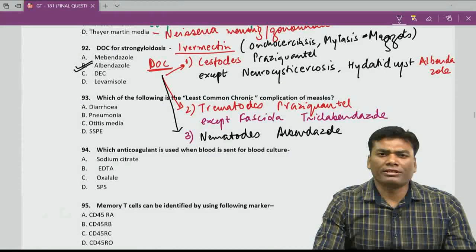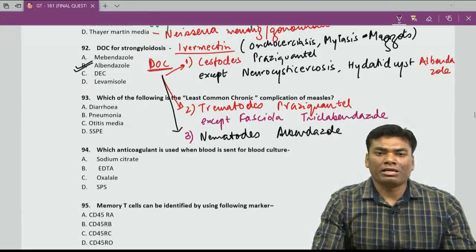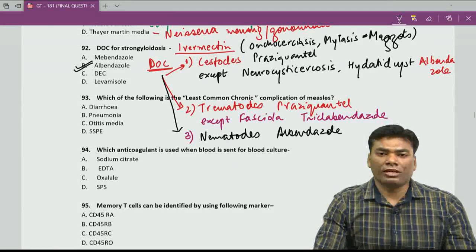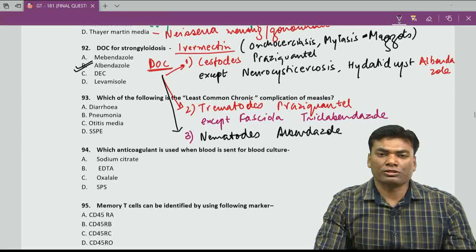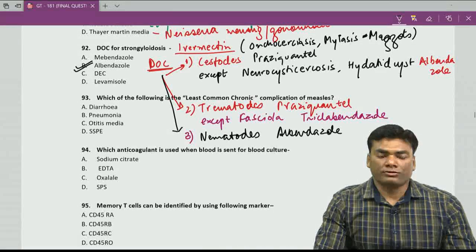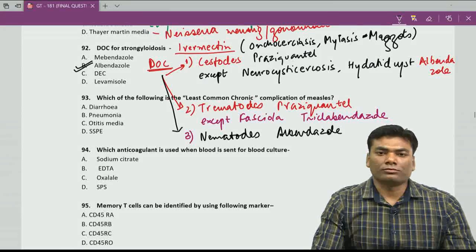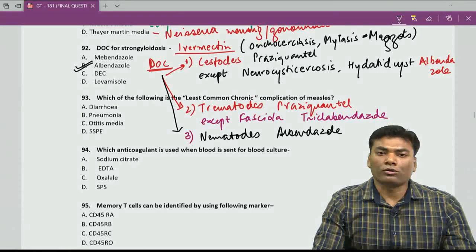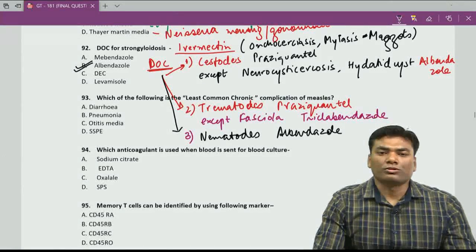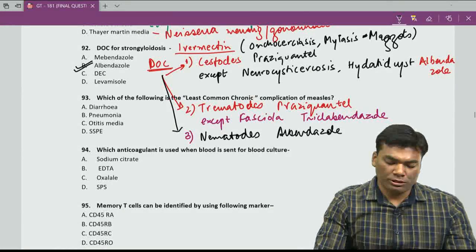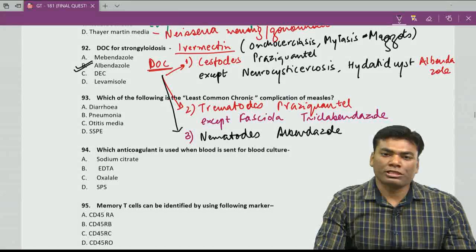Then we have all the filarial worms, such as Wuchereria bancrofti, Brugia malayi, Loa loa, Onchocerca volvulus, Mansonella. Then we have Enterobius, which is the pinworm. These are the various worms which we have to study in nematodes. So the drug of choice for all nematodes is albendazole.